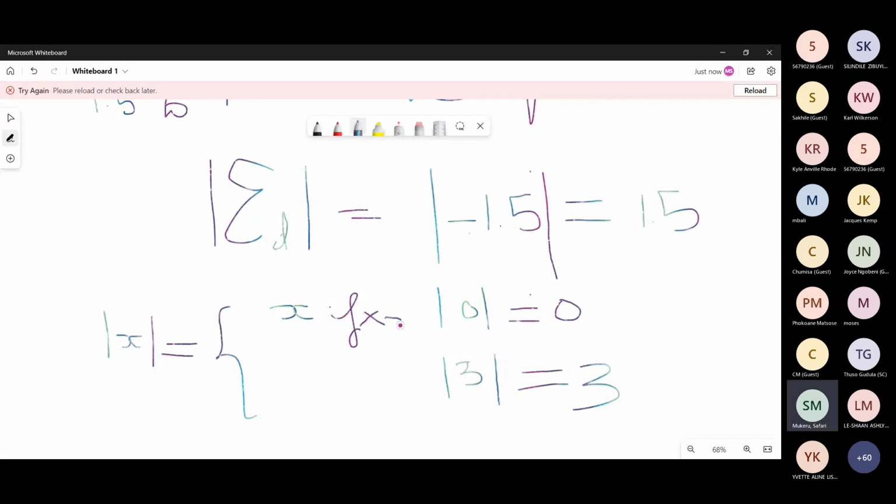If a number is positive, its absolute value is the same number, right? And if the number is negative, then you take the opposite. If the number is negative, then the absolute value will be the opposite. This is to keep the number always positive, right? Sorry, negative here.